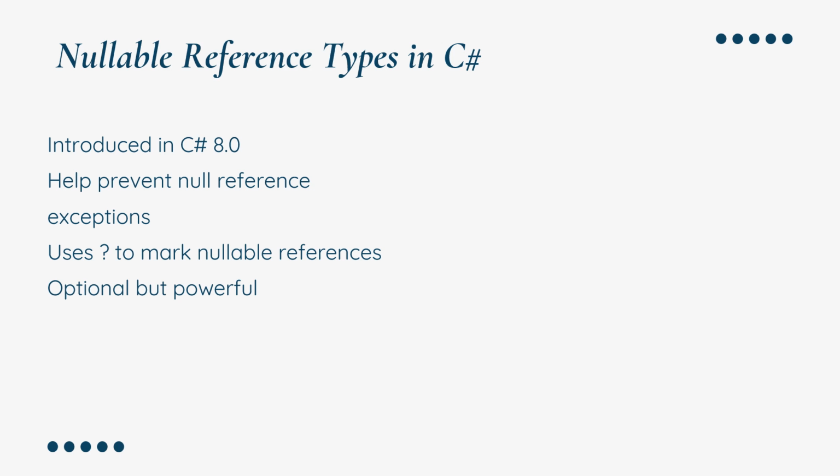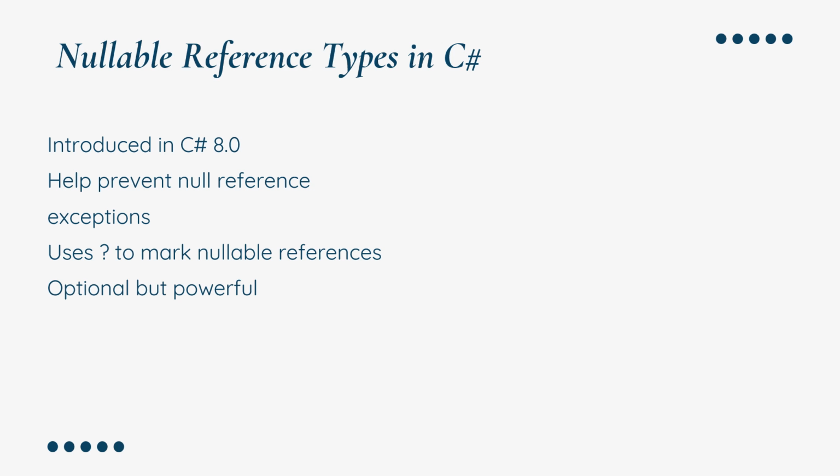But in C#8, something powerful was introduced: nullable reference types. This is not a new data type, it's a new way of thinking about safety. Now we can use string with a question mark, and this means the string can be null.